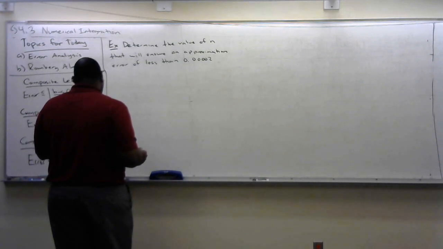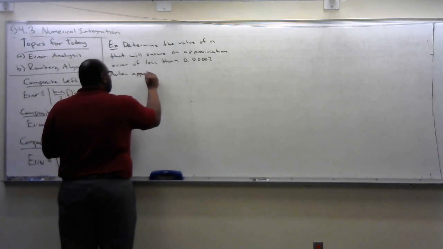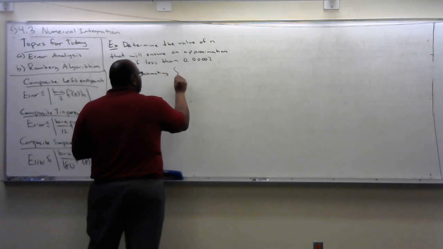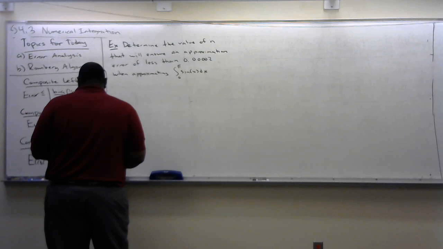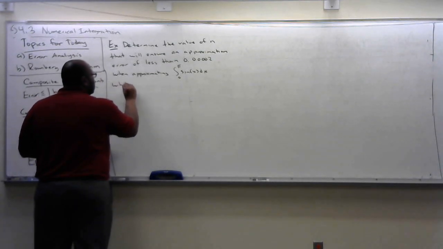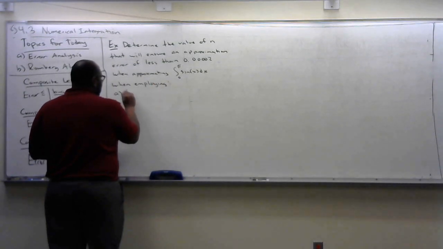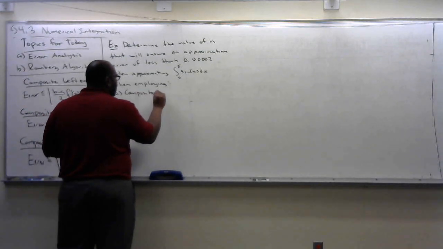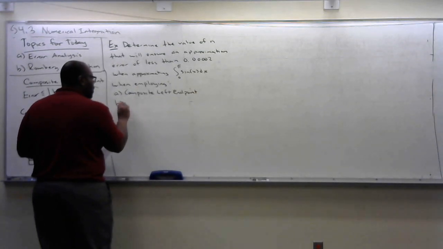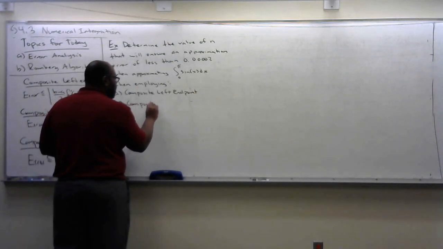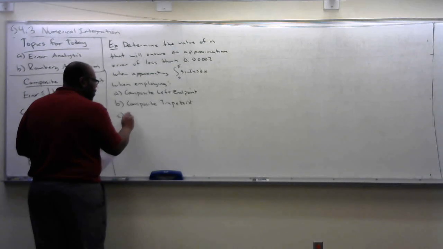There should be 4 zeros. When approximating the integral from 0 to pi of sine of x, when employing A, composite left endpoint; B, composite trapezoid; C, composite Simpson.